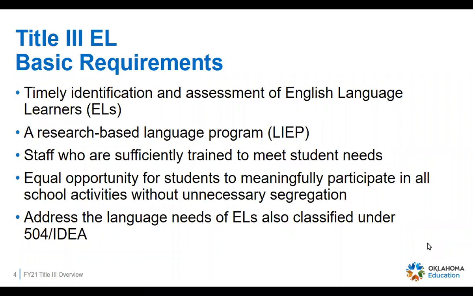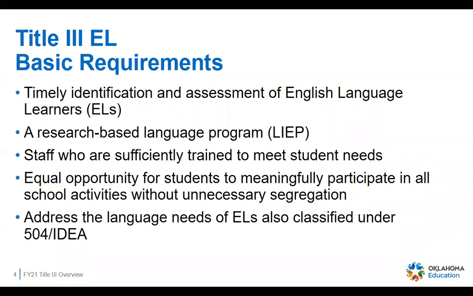Okay, so first of all, basic requirements. You're required to identify and assess English language learners in a timely fashion. Okay, this is not a Title III requirement, even though at the top of the page it says Title III. That's a basic civil rights requirement, actually. So you're required to identify and assess English language learners.